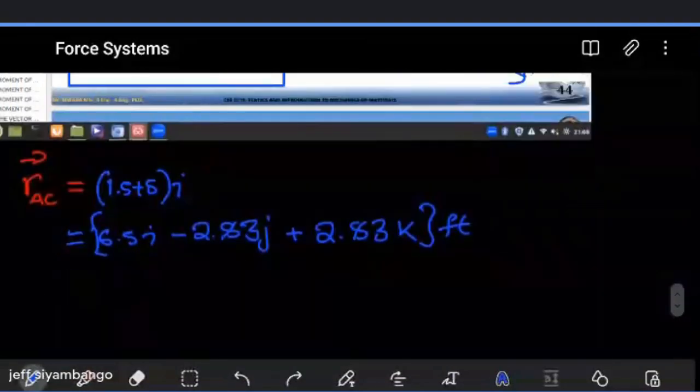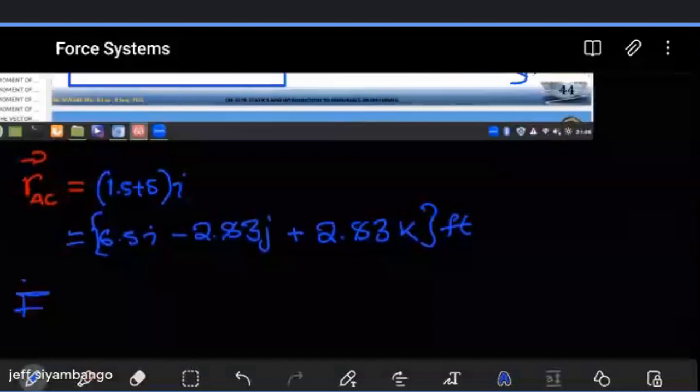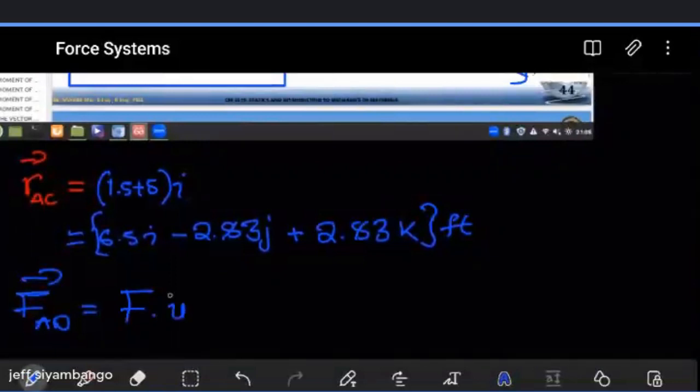So to write my force F in Cartesian vector form, I can write it as a product of the magnitude with a unit vector that shares its direction. Any force can be written as the magnitude and its direction, which is just a unit vector. So I need to find this unit vector because I already know what the magnitude is.